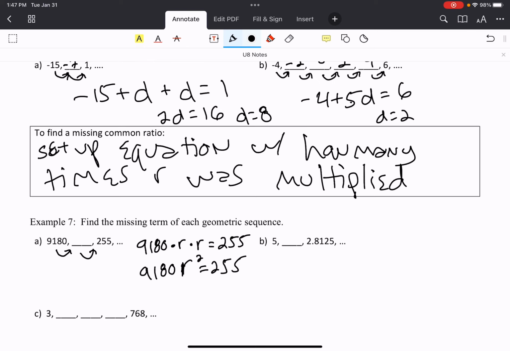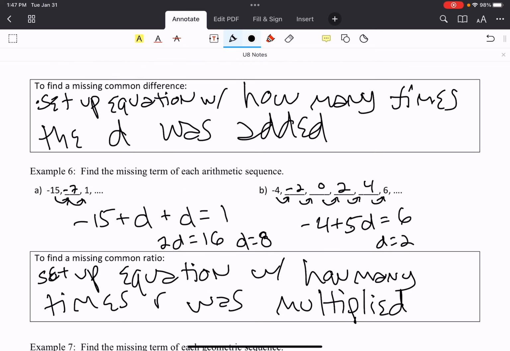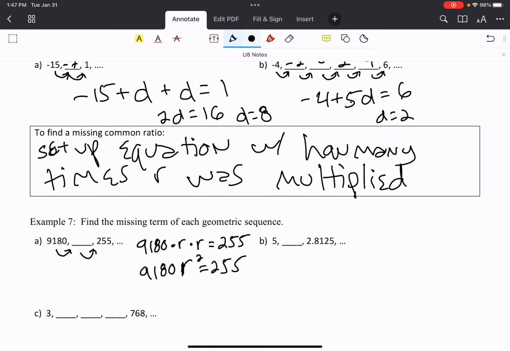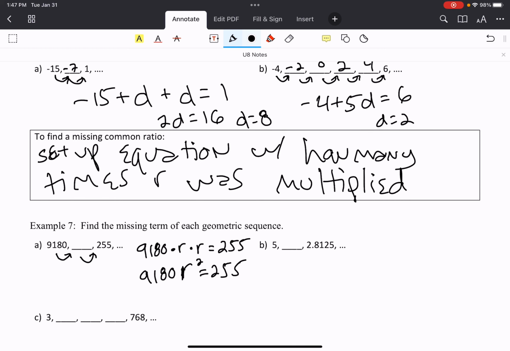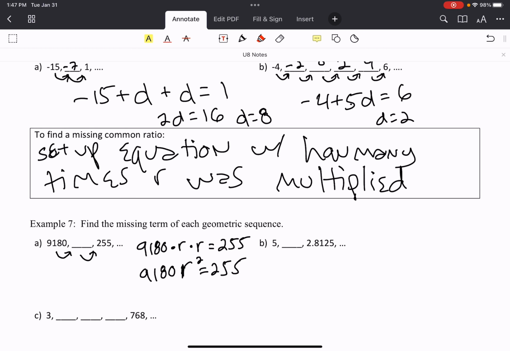Okay, good. There's 4 empty spaces, but if I look here, to get from negative 15 to the empty space, I had to add D, right? Let me show you, it might help. You kind of have to count the commas in between. Whitney, look at this here. You see how there's 3 terms here?